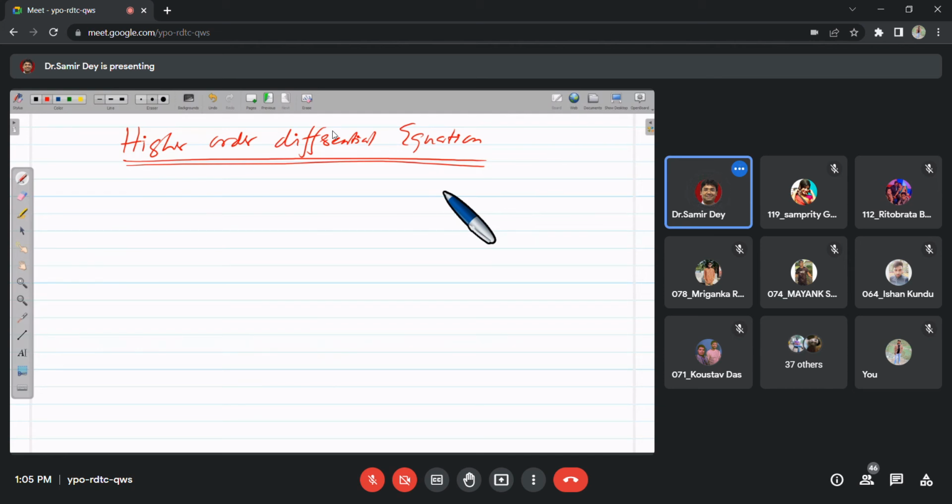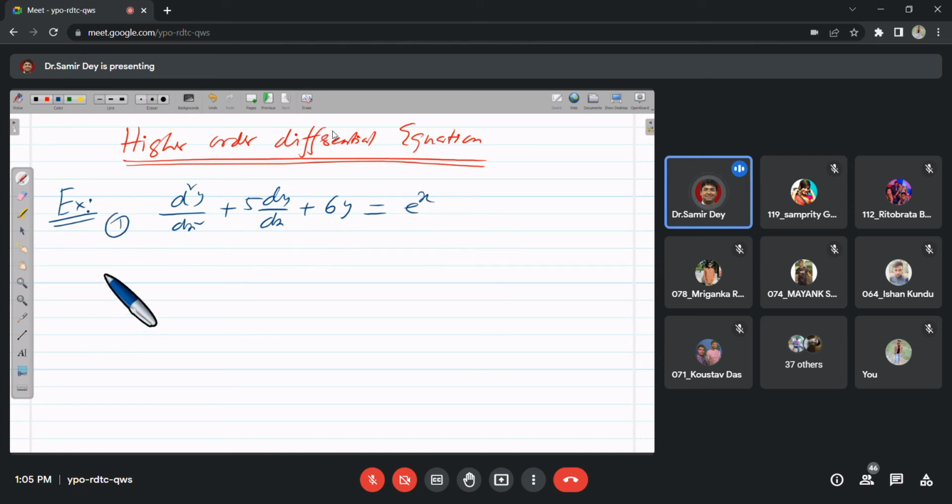For your better understanding, suppose you have example: d square y/dx square plus 5 dy/dx plus 6y is equal to x.